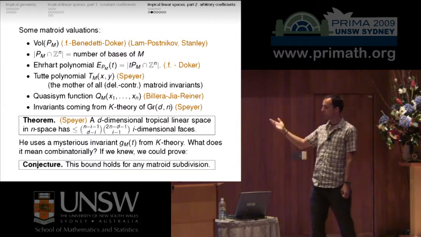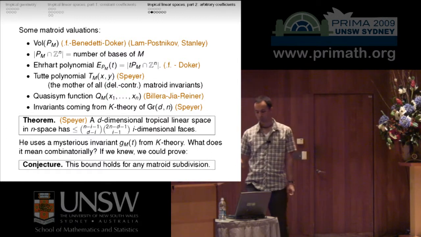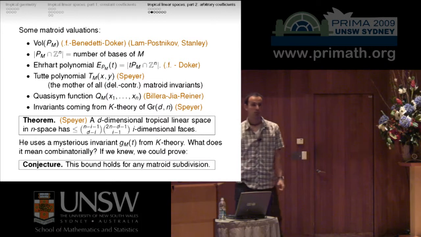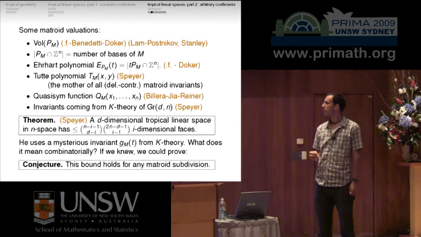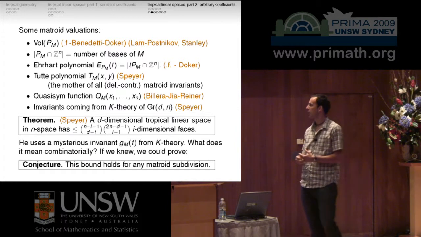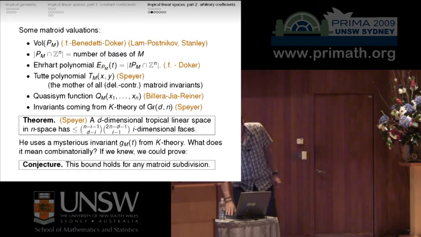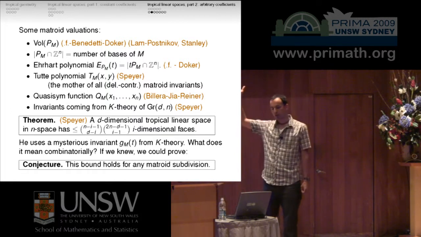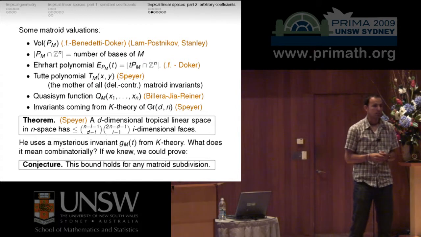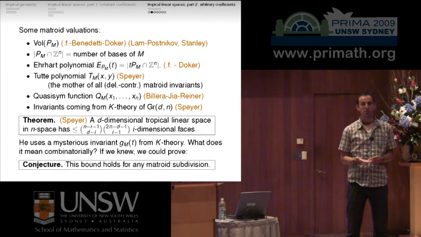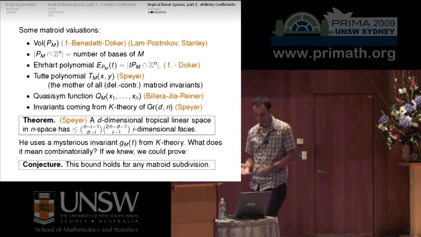And the way this theorem is used is by producing this invariant g_M(t) that behaves well under subdivisions, and then just using that guy to obtain some bounds. Okay? But given that we have all of these matroid valuations, the natural question that we can ask is can we systematically produce valuations? Can we understand all of them? What can we say about this? Okay?